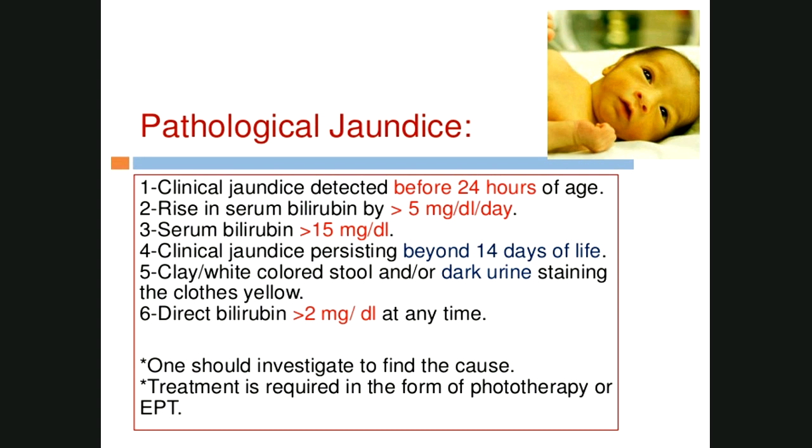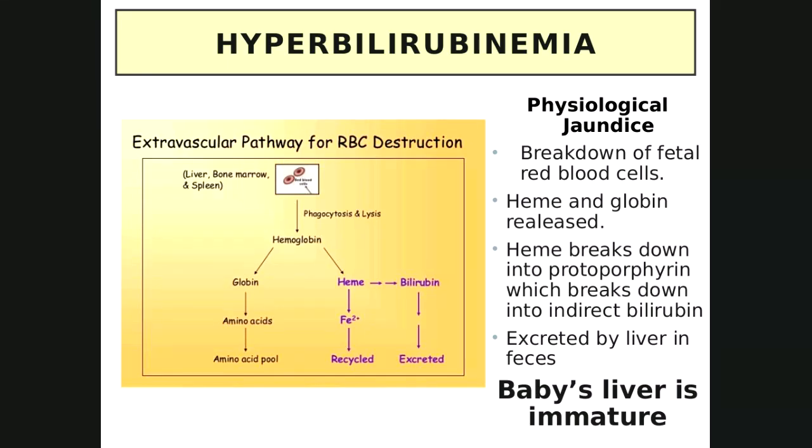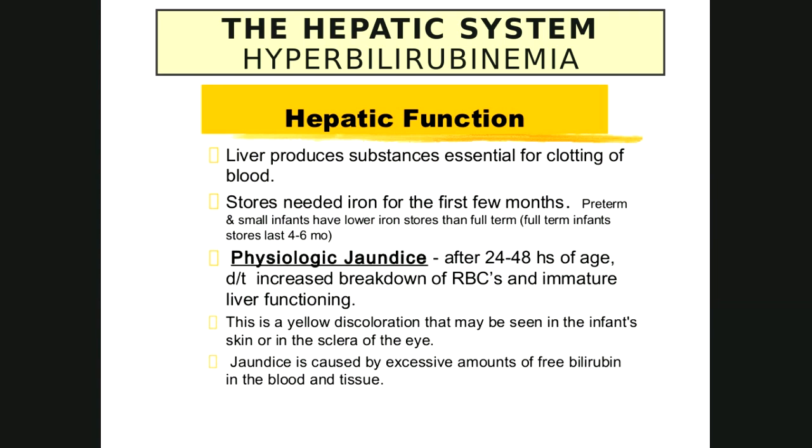If I have a baby that's born, and remember on this slide, I said that this is a physiological adaptation, the extra red blood cells that the newborn has as a result of being a fetus and needing it because it's in a low oxygen environment.